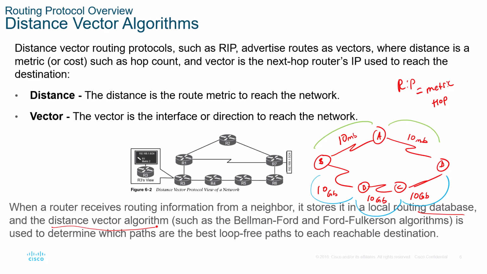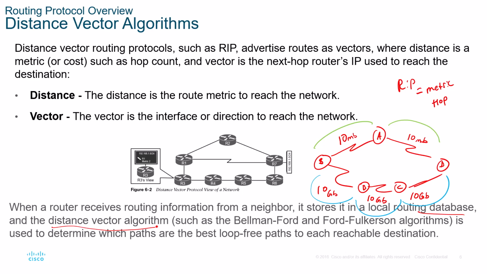The route table, I'm going to keep saying this, the route table will only identify the best path. There might be multiple paths, but the route table will only identify the best path.